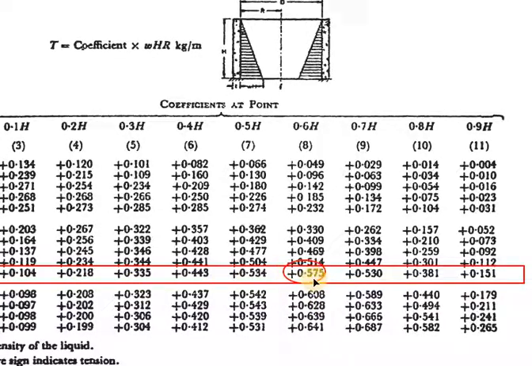Maximum value is 0.575, because you don't need to worry about plus or minus, as I told you. It is no way going to help us, because we are providing 2 layers of steel. Plus means the tension is inside, minus means tension is outside. Anyhow we are providing 2 layers of bar, so it is not a problem for us.